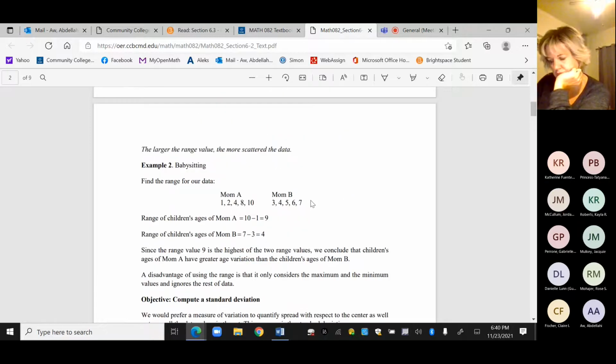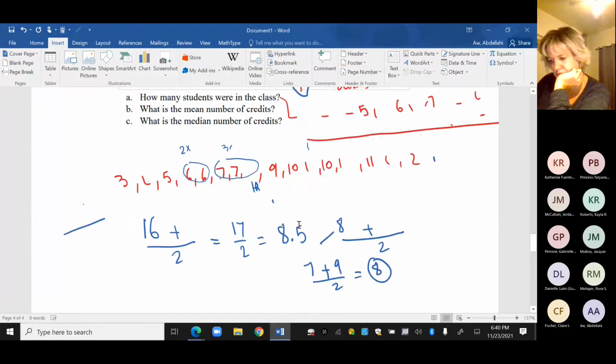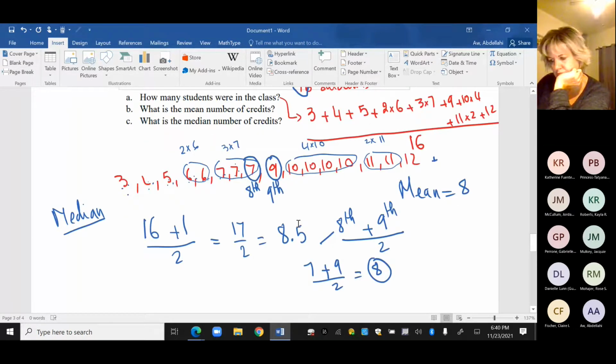The mean doesn't tell that. The median doesn't tell how compact my data is. The standard deviation is a standardized way to measure how the data is spread around the mean.